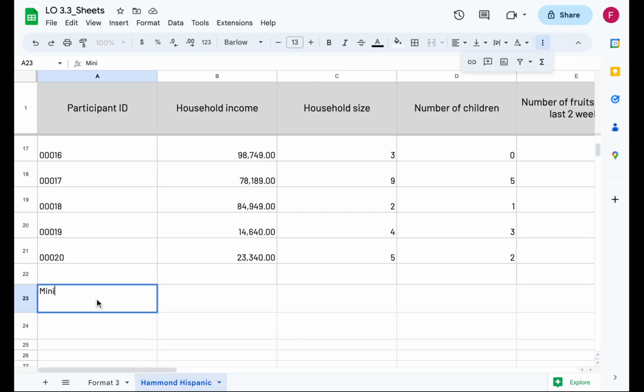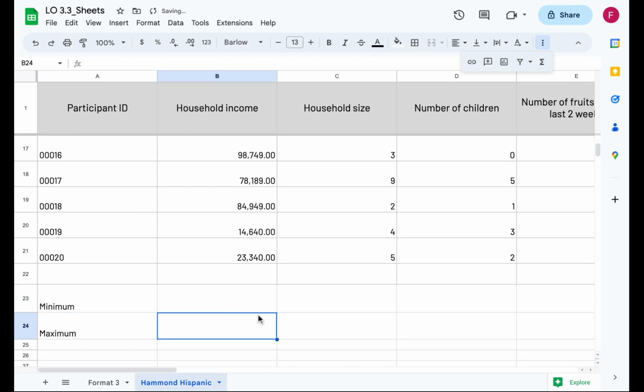Let's say this is minimum and this is maximum. Of all the participants, you're finding the least household income they're earning, and the person with the maximum amount of money. So that's how that works.